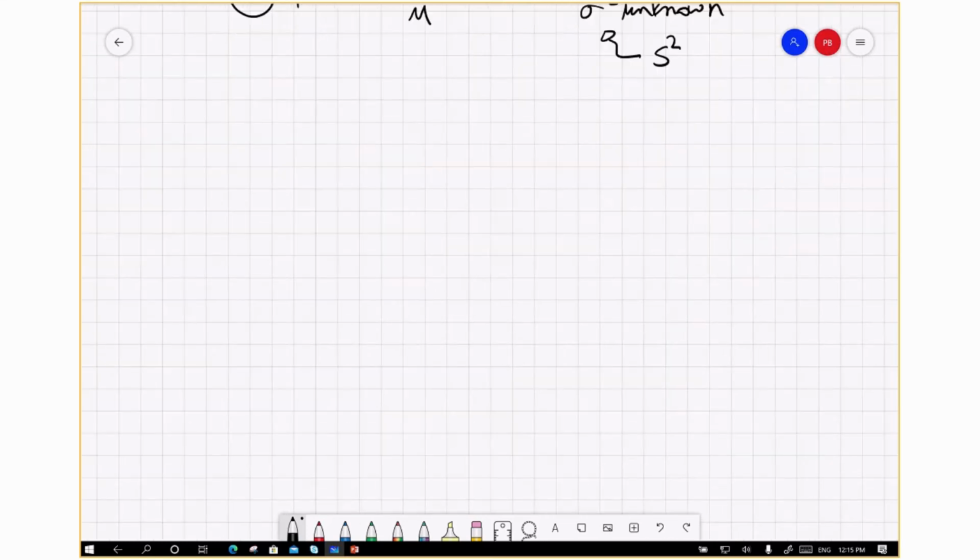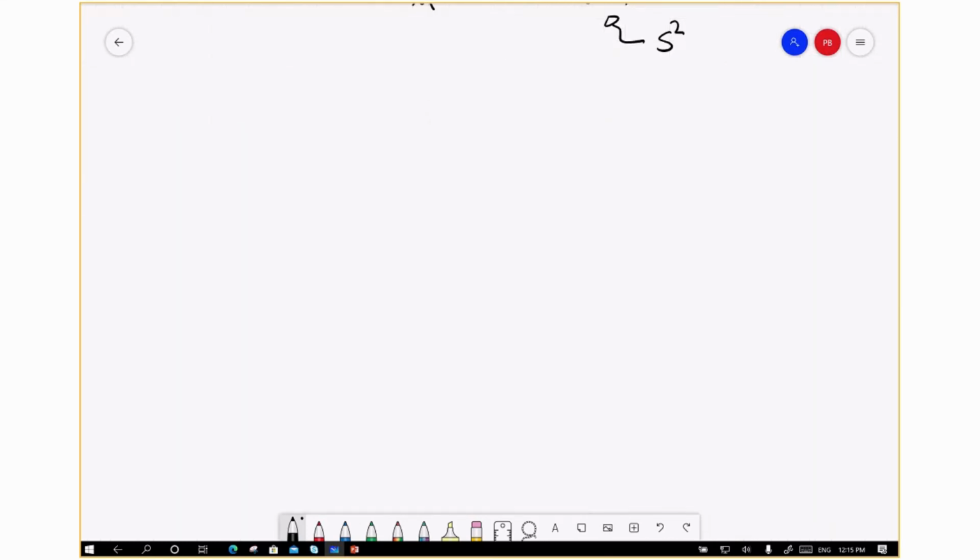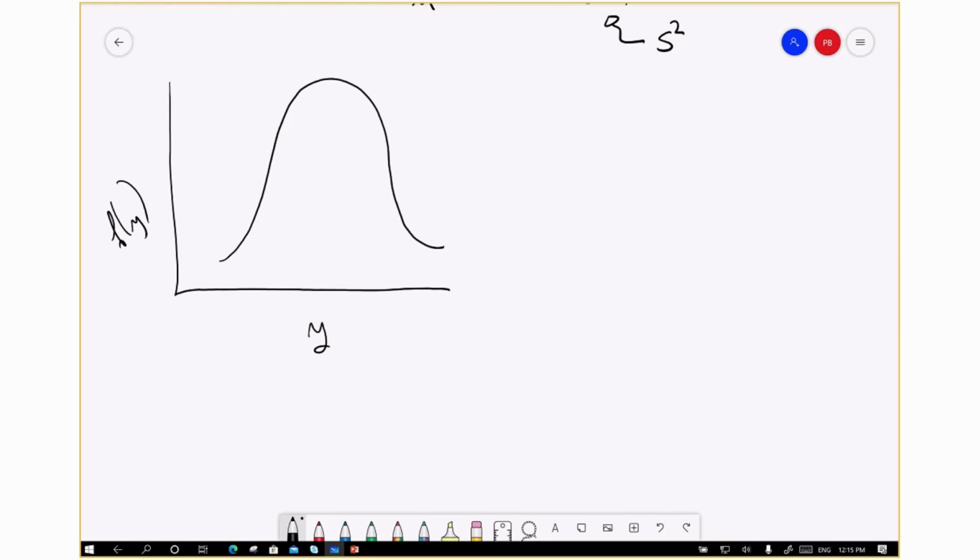One of the tools that's going to help us a lot with that is the standard normal distribution. So let's just start with a regular run-of-the-mill normal distribution. So we got y here, we got f at y here, and then we've got a normal distribution, and we might say, okay, it's got a mean of 100 and a standard deviation of 15.